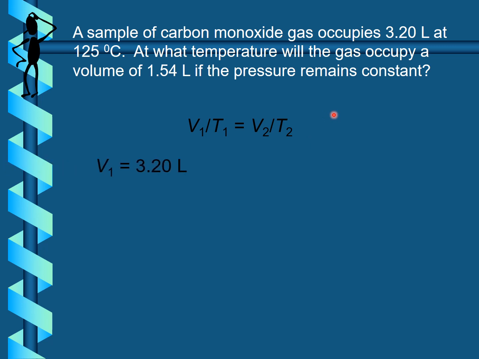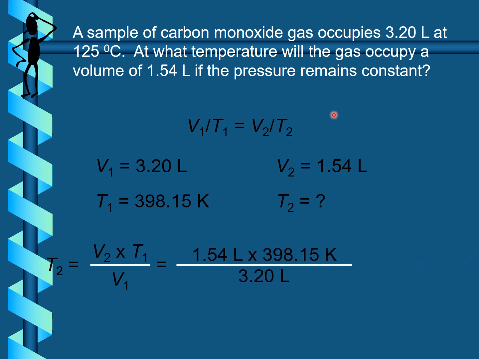being asked or computed. So the given are, okay, the temperature is converted to Kelvin, and we are asked to compute for the final temperature. And using that equation of Charles' law and by simple manipulation of the equation and substituting the given in the problem, you will be able to find out that the final temperature is equal to 192 Kelvin.